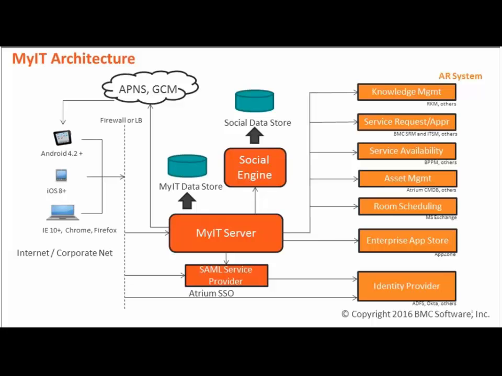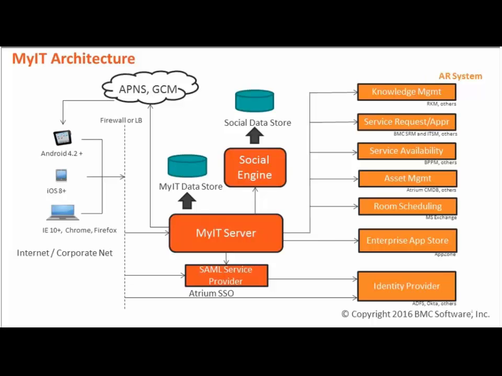And then the social engine, which is built on Node.js, communicates between the MyIT server and MongoDB. You can also see here the MyIT data store, which is an RDBMS. It is used to store the MyIT native transactional data and configuration data.